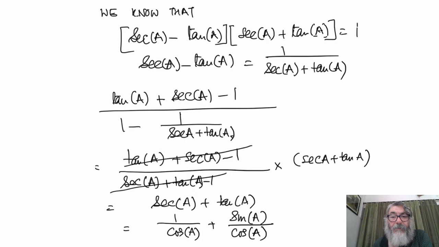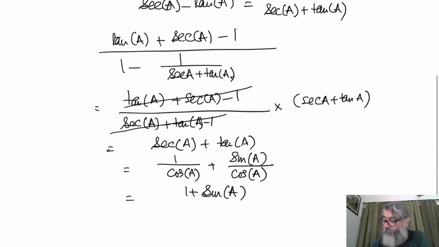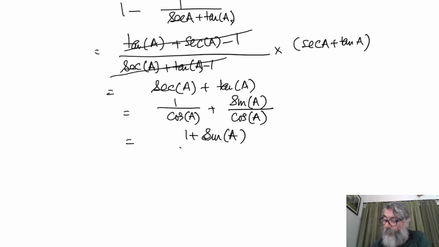We can take the LCM as cos a, so you'll get the answer as (1 + sin a) upon cos a, which is your right hand side. So left hand side is equal to right hand side. That's exactly what we had to prove.